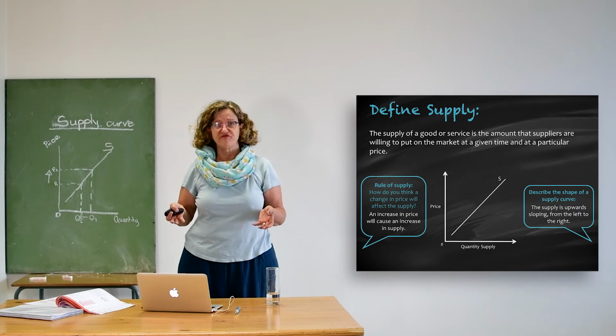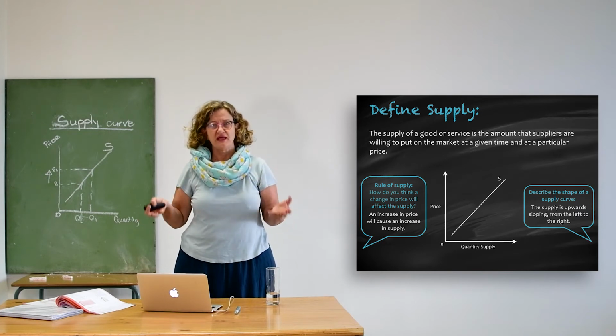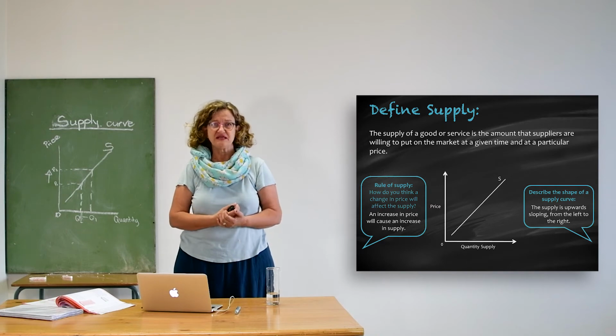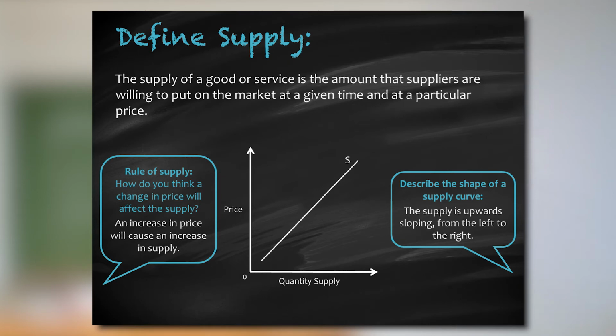Because if you are a farmer and you supply, for example, cucumbers or cabbage, and the price increases on the market, you will react quickly and try to supply more, so that you can benefit from these higher prices.